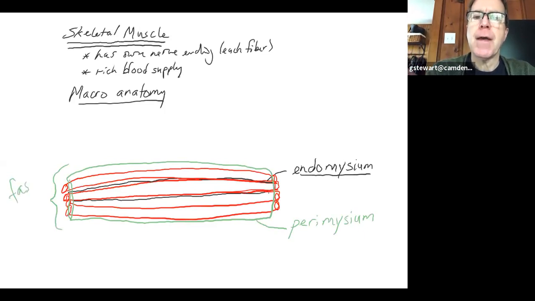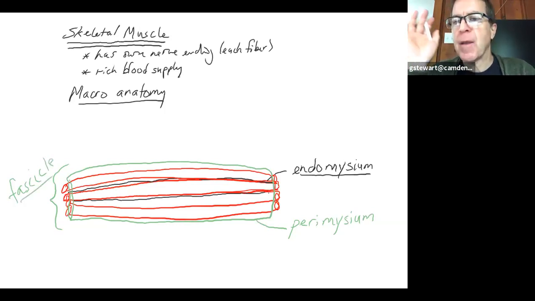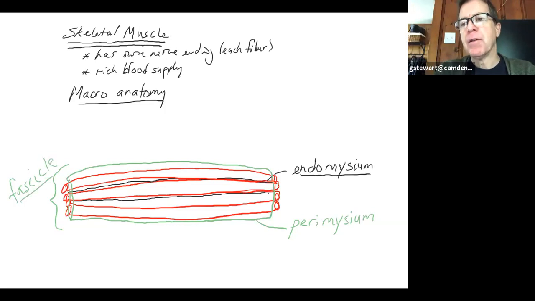It's spelled F-A-S-C-I-C-L-E. When you see that word, just think bundle. That's all it means. It's a bundle of muscle fiber cells. A fascicle is a bunch of fibers wrapped in a thicker connective tissue called perimysium.